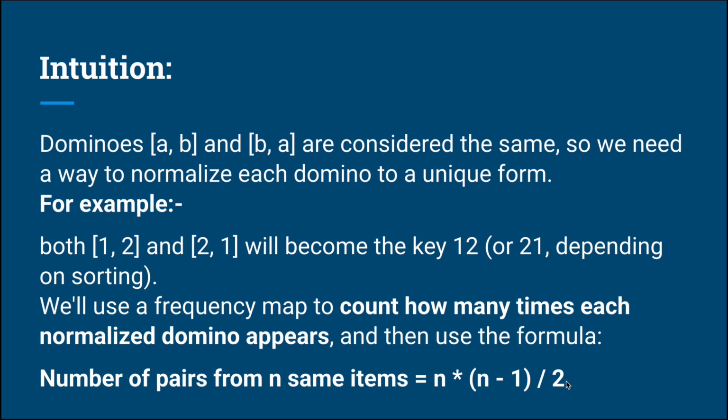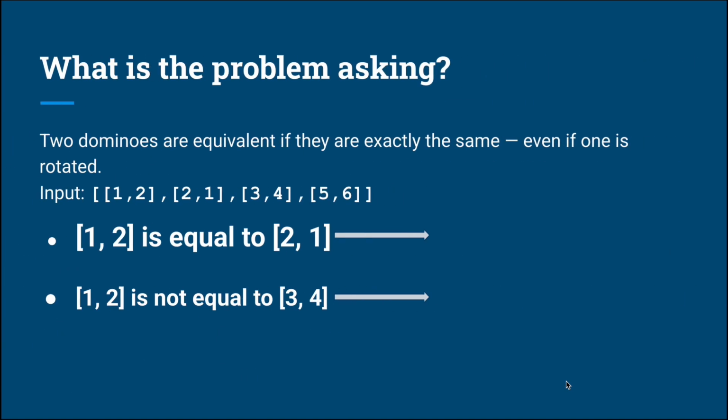So our job is to count how many pairs of dominoes are equivalent. What is the problem asking us? The problem is saying that dominoes are equivalent if they are exactly the same, even if one is rotated.